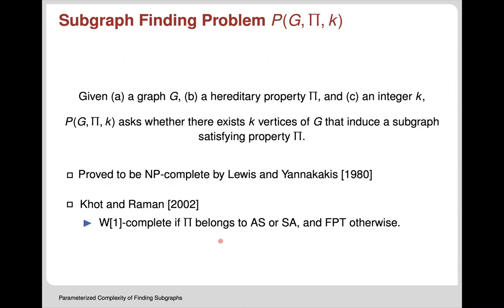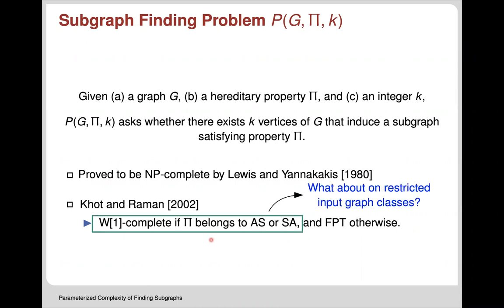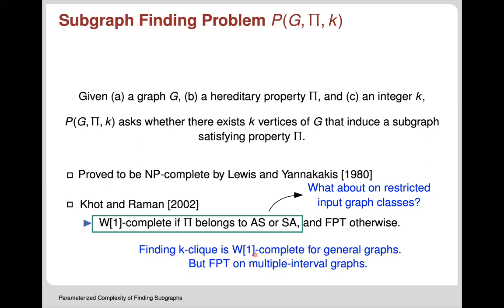Then we were thinking about what happens if we restrict our input graph classes when pi is either AS or SA. One example is that k-clique is W[1]-complete for general graphs, but it's FPT on multiple interval graphs.